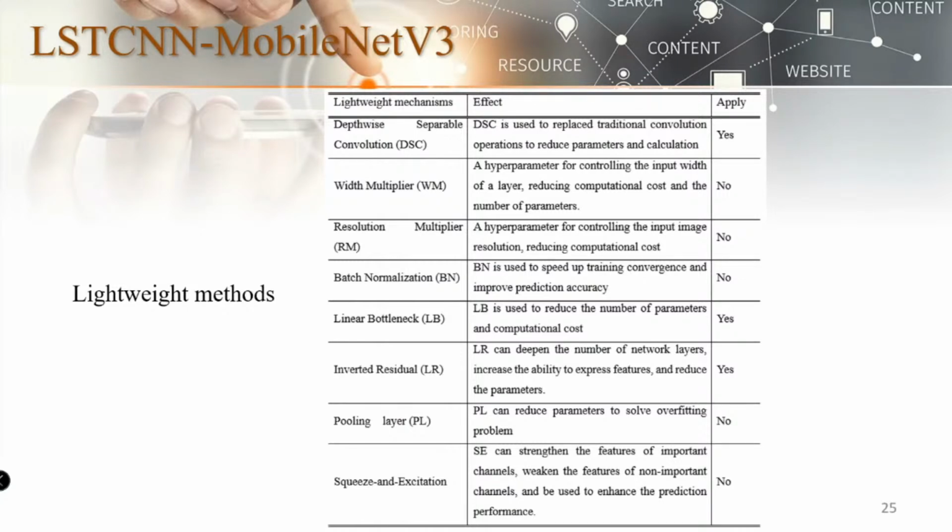The traditional convolution is that each kernel map needs to do convolution with all channels. Linear bottleneck separates it. Point-wise convolution only does 1 times 1 convolution for all channels, which is used to mix features between channels.